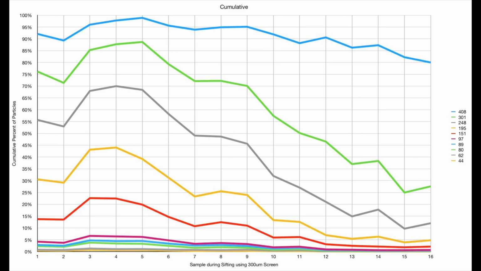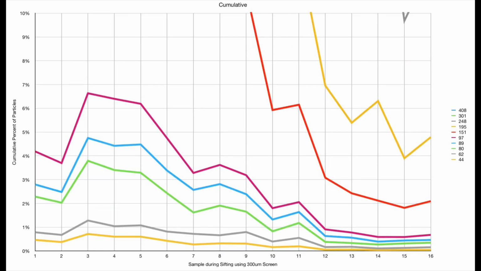Looking at the really fine particles less than 100 micron, they drop off too. By the end of the grind, 95% of particles are above 195 microns, while at the beginning, 70% are above 195 micron. I will also note that I had strange bins.